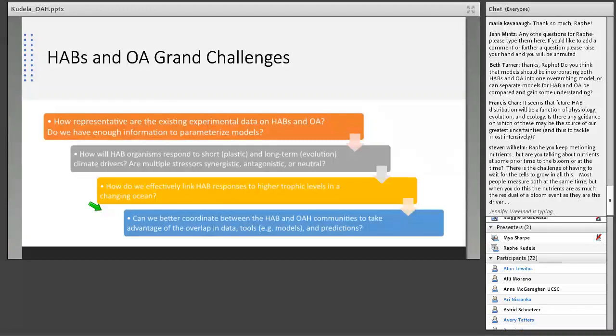Are these organisms going to evolve? Is there going to be a response over the long term? That's where I think, and I'm definitely not saying that we're done with physiology and ecology, but I do think we need to start bringing more of the evolutionary responses into our experiments looking at the modern ocean.